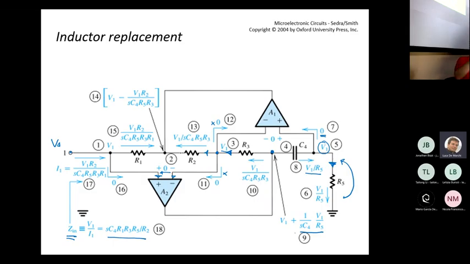So you can compute the voltage drop over R2, and then you estimate the voltage drop over R1, and finally you compute the current which is flowing in R1. And once you compute this current, you have the value of I1, because I1 is the same current which flows in R1.